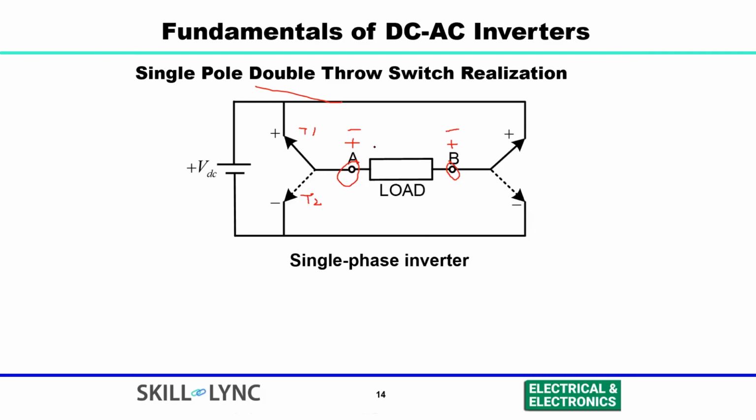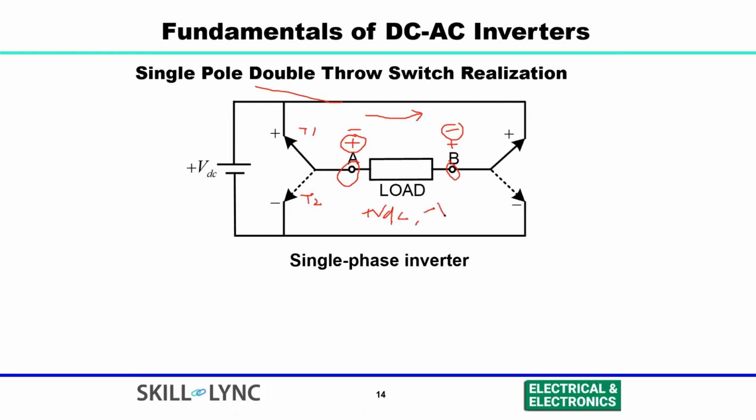Now we can see that different states are happening. Suppose A is positive and B is negative, meaning A has more potential than B, and this is connected to VDC. So VDC is the voltage, and with the high potential, the current flows in this direction. Suppose B is positive and A is negative.